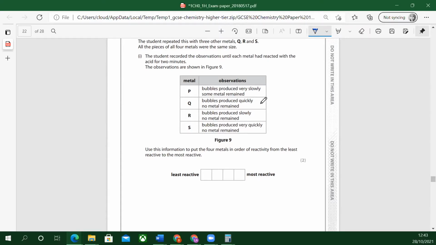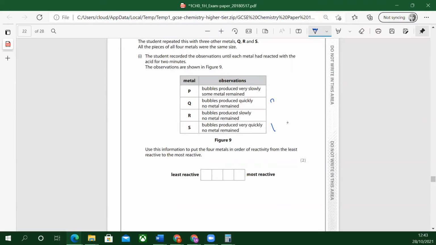Okay, so let's have a look at what they do. Bubbles produced very slowly, some metal remained. Bubbles produced quickly, no metal remained. Bubbles produced slowly, no metal remained. Bubbles produced very quickly. So which one is the fastest one? Very quickly, 1.